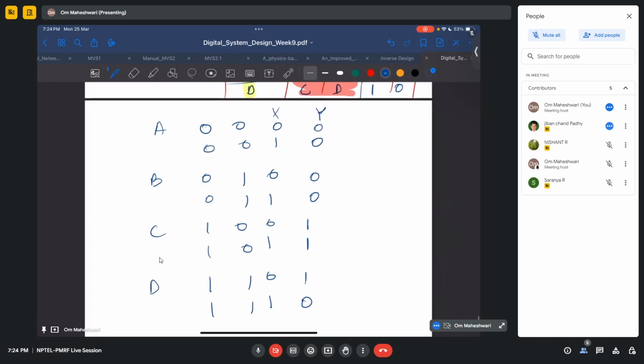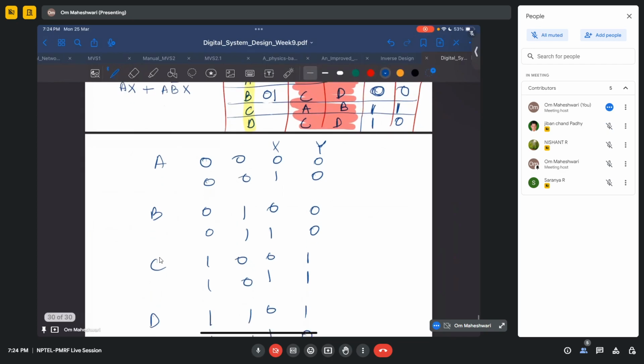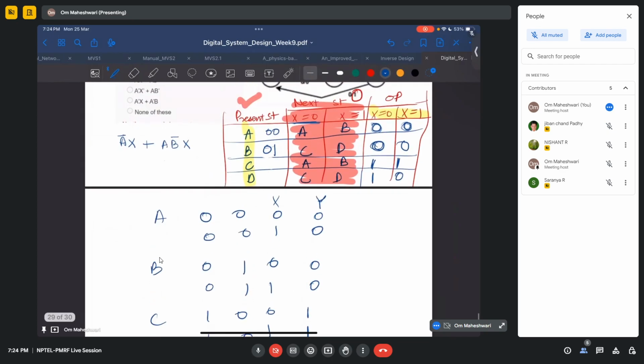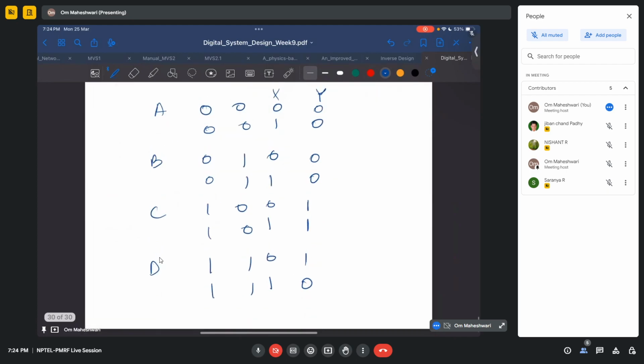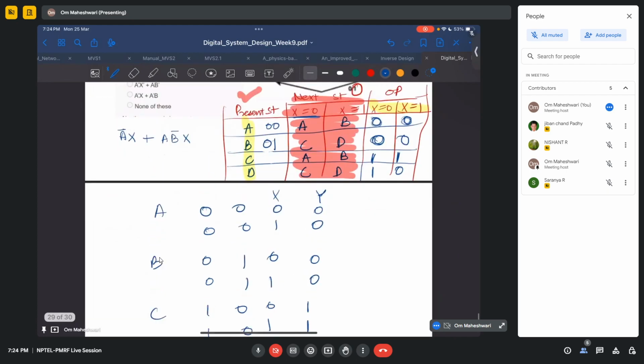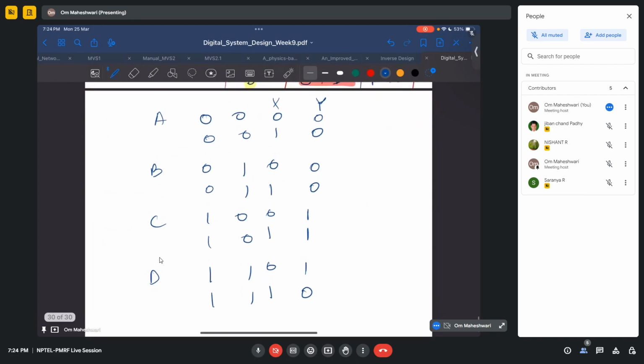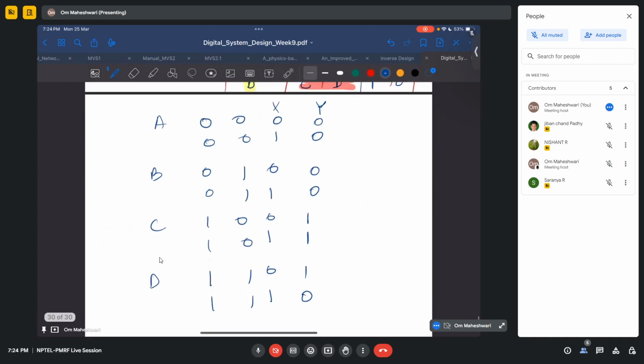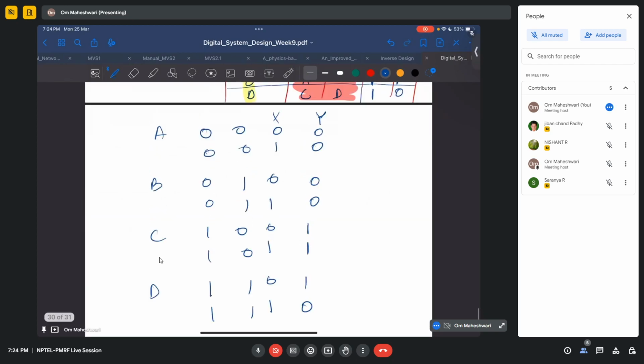This is correct, right? C, no matter the input, output is 1. Okay, then what you did?